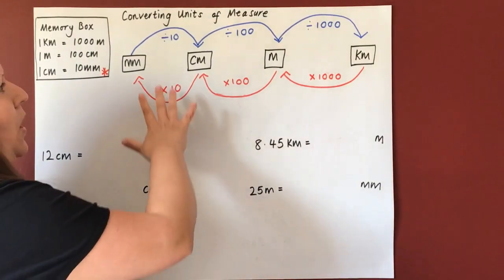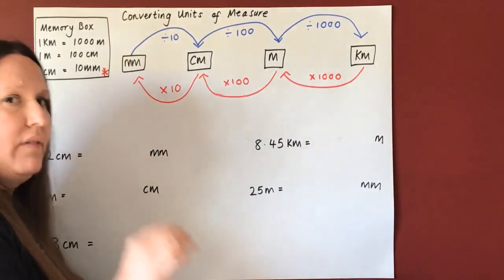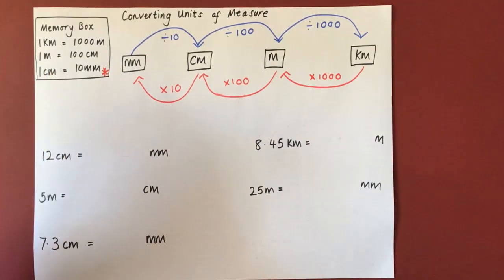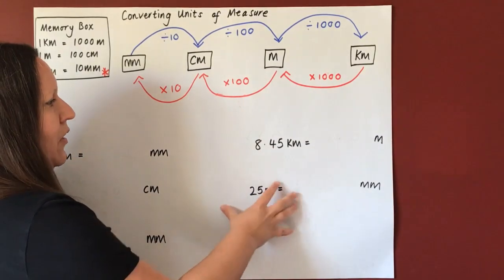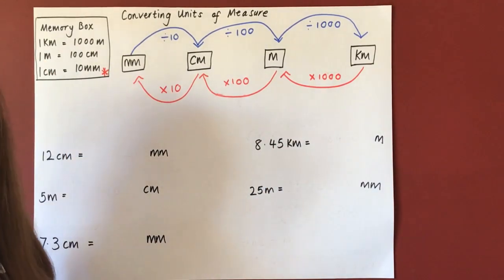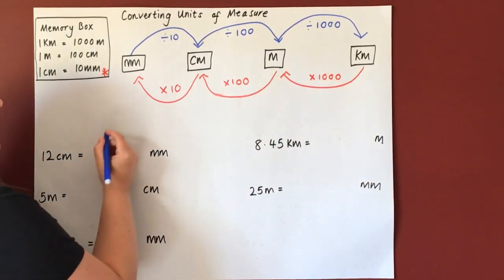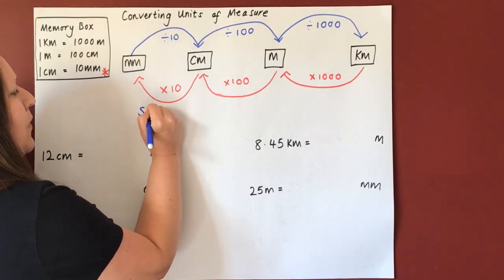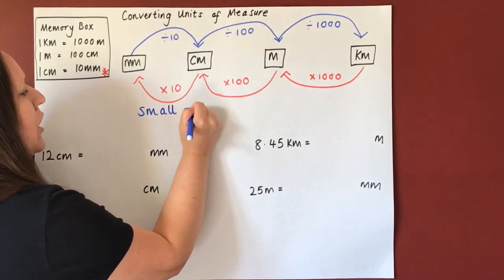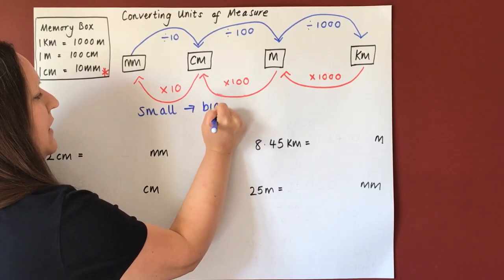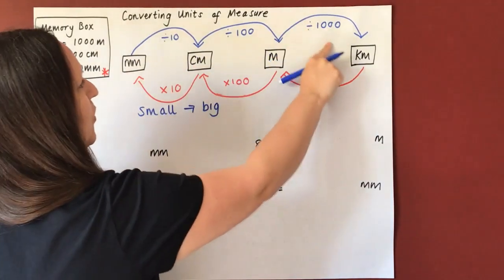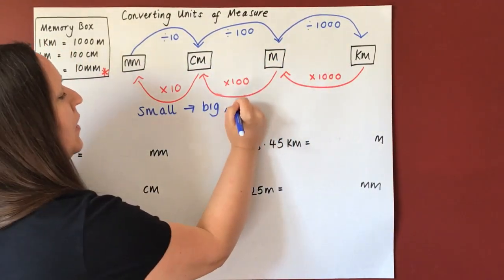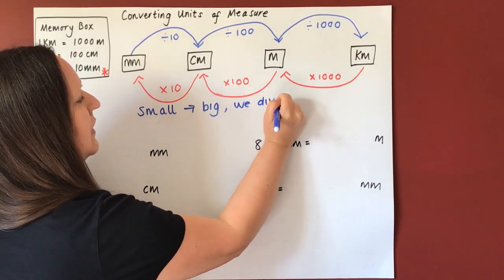Now, whilst we were doing that diagram, there is a pattern that we should have noticed, and it's this pattern that will help us convert the below units. So, first of all, what you've probably noticed, when we're going from small to bigger units, we divide.